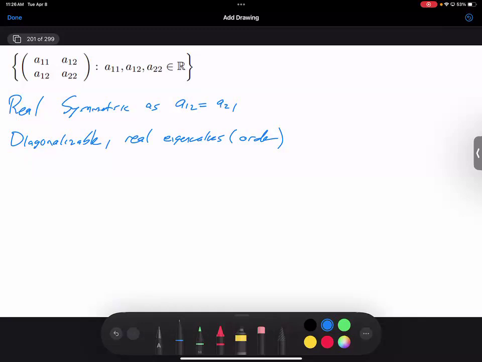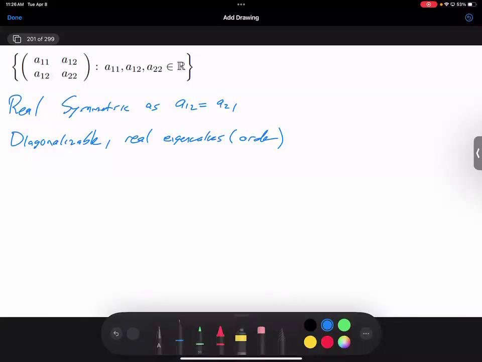How many parameters should it take to describe a 3x3 matrix? Well, let's just say a general 3x3 matrix: 9. A general n by n matrix, that's good. This is a 2x2 matrix, but I only have 3 parameters. Wouldn't you expect 4? It's symmetric.